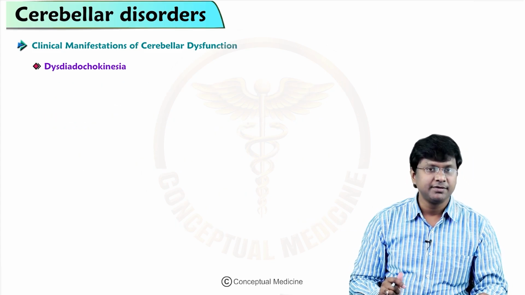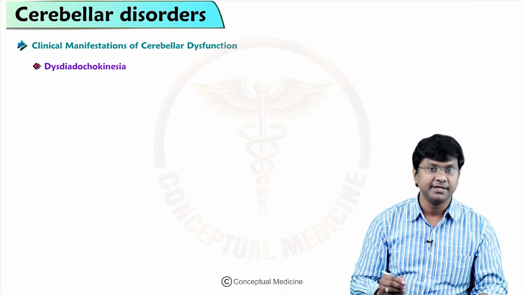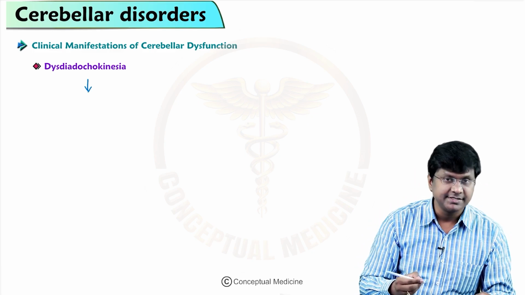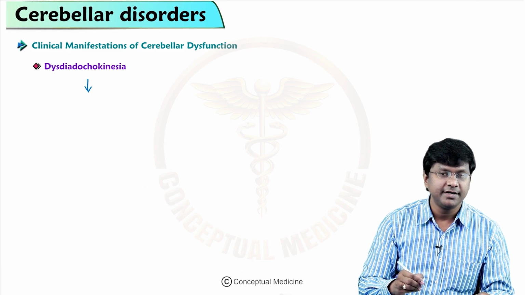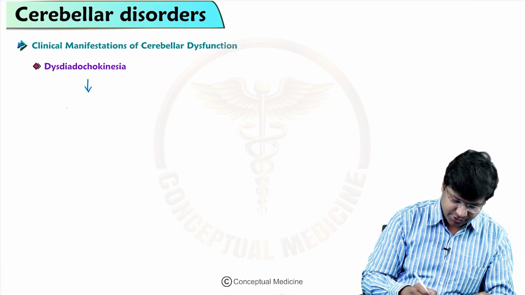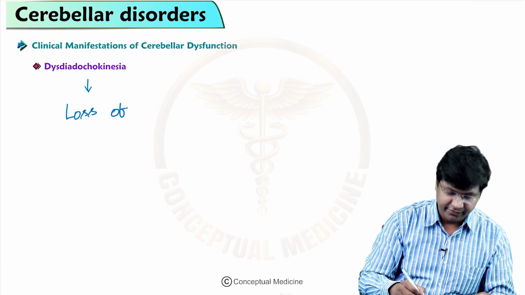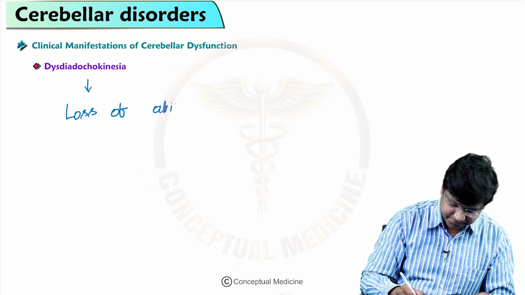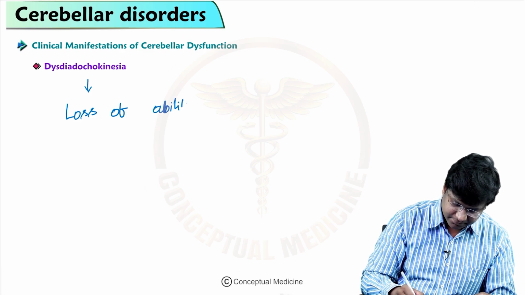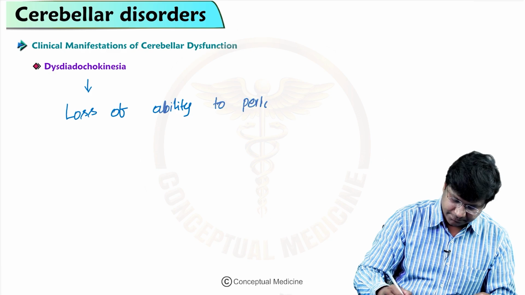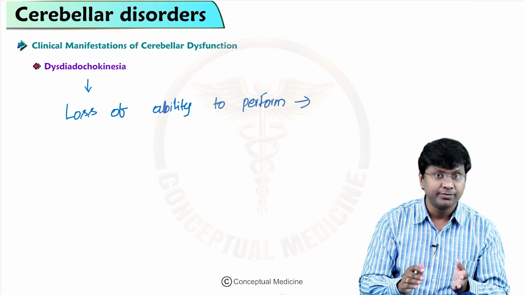The next important manifestation of cerebellar dysfunction is dysdiadochokinesia. Dysdiadochokinesia is loss of ability to perform alternating movements smoothly. So what are these alternating movements?